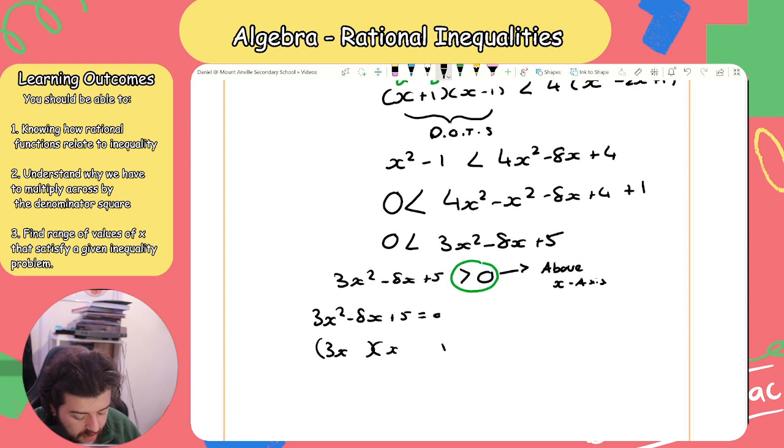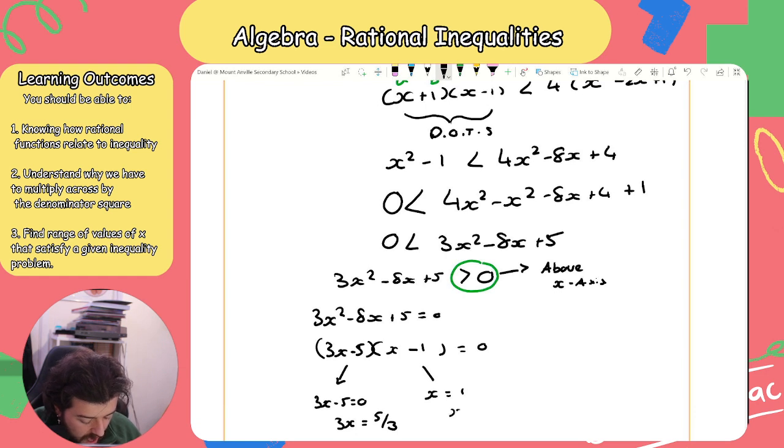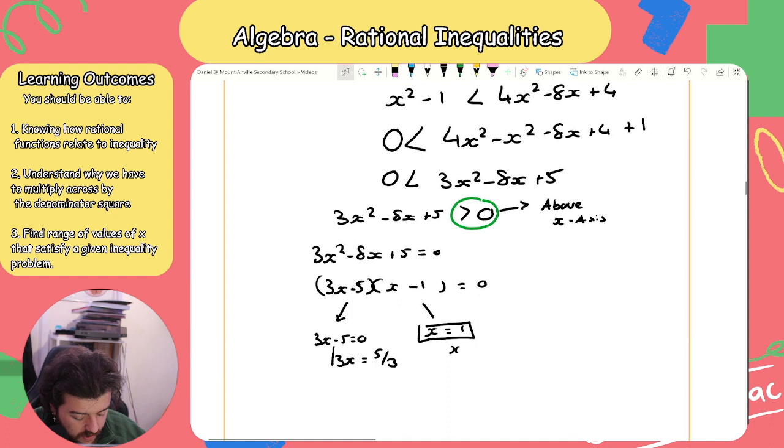So 3x and x, and then minus 5 and minus 1. So 3x minus 5 equals 0, giving x equals 5 over 3, and x minus 1 equals 0, giving x equals 1. So I've solved my roots.